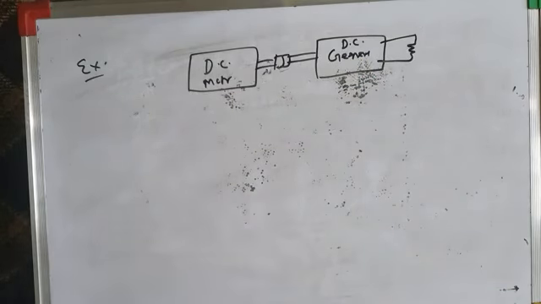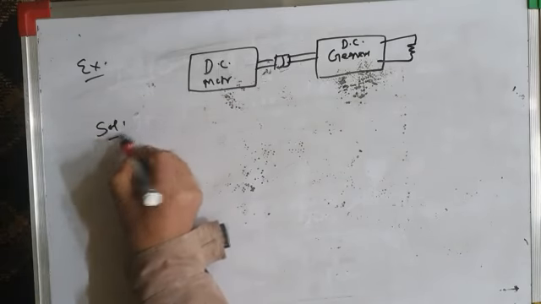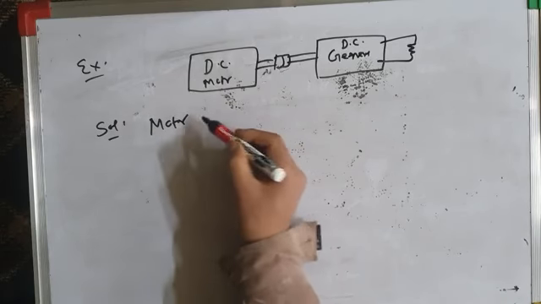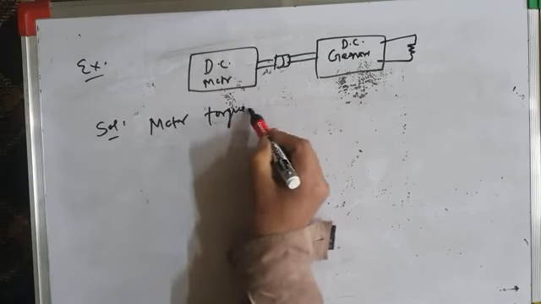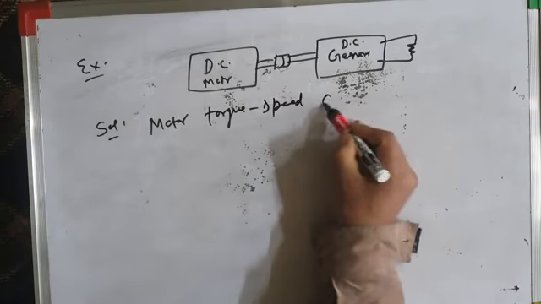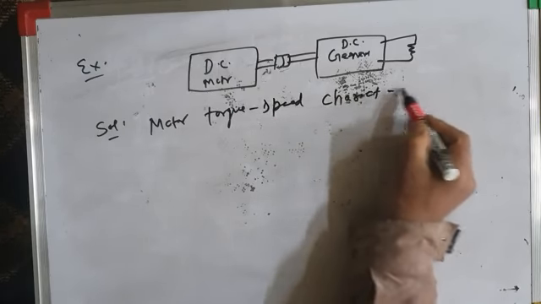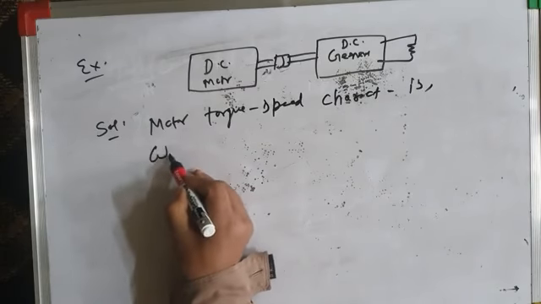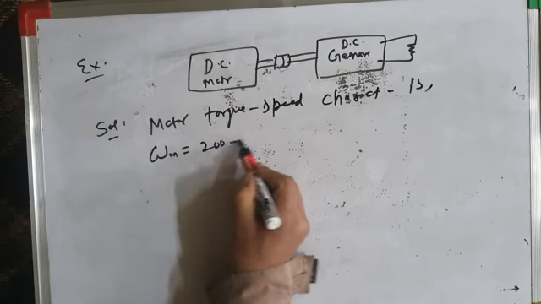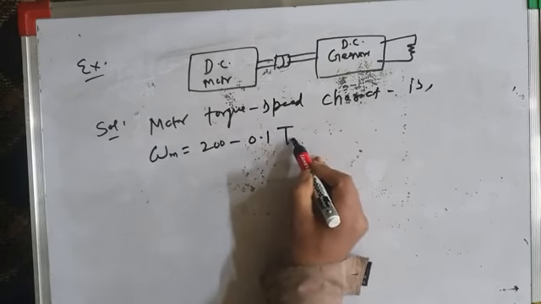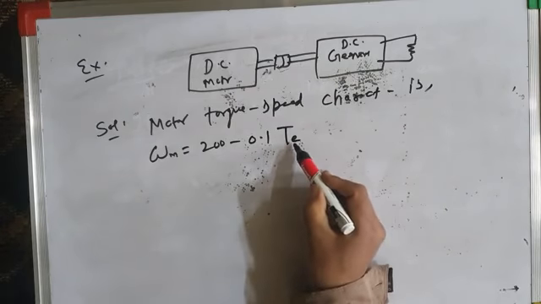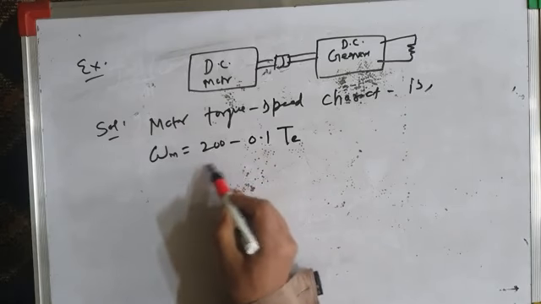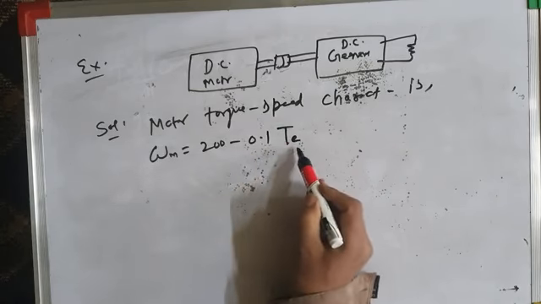The torque speed characteristic of the motor is given in the problem itself, and it is given as omega m equal to 200 minus 0.1 Te, where Te is the torque developed by the motor, and this is the no load speed minus 0.1 times torque.